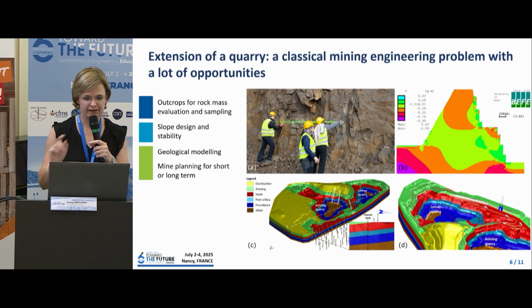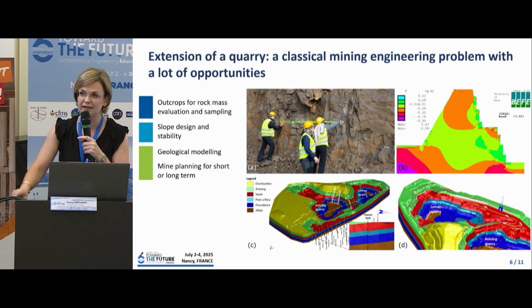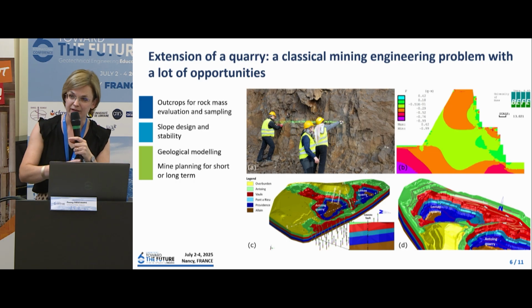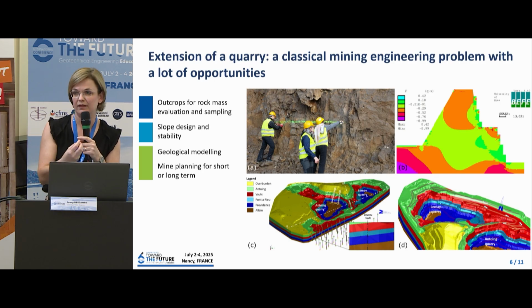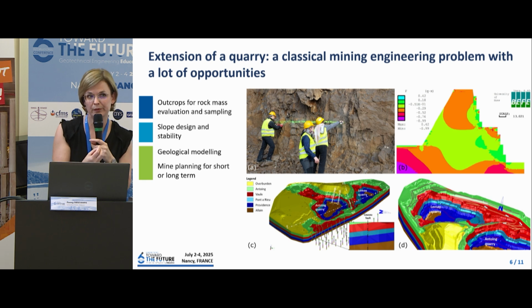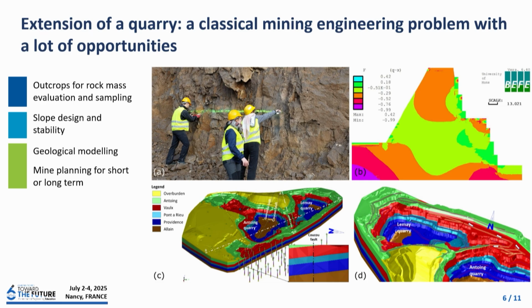And then this slide is more suited to illustrate slope design and stabilities, because in the first year of the master, they continue with the constitutive laws that they developed to make a stability analysis of one part of the quarry. Here it is a specific example by means of numerical modeling of the wall that was separating two different quarries.